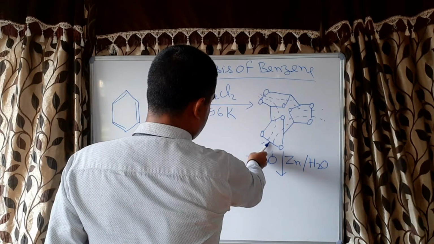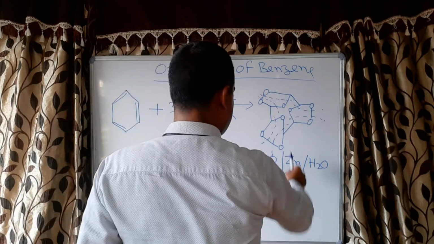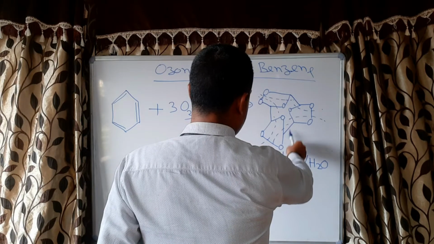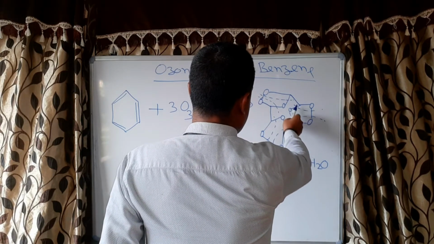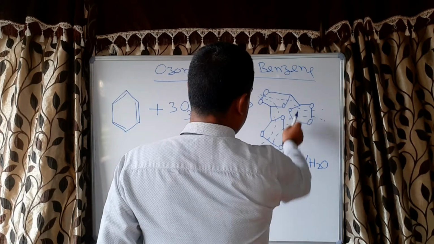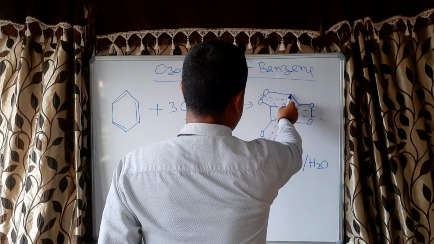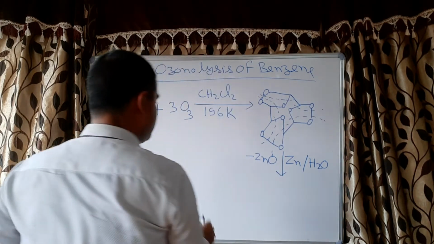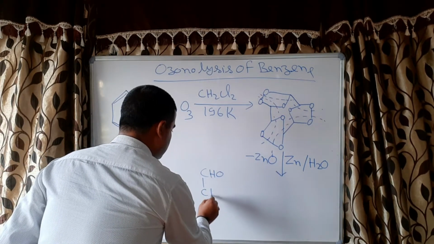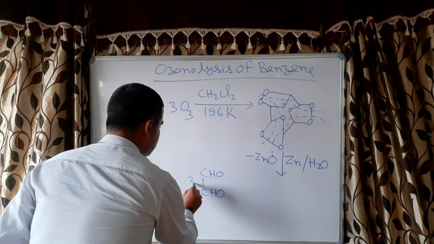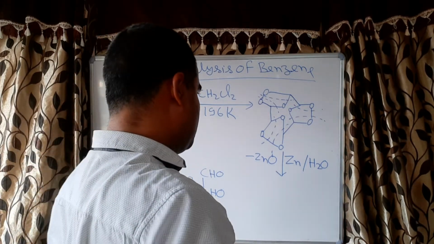Now this bond also is completely broken, so now this is CHO, CHO. Similarly this bond also is completely broken, so CHO and CHO. It means CHO single bond CHO, that will be 3 molecules. How?